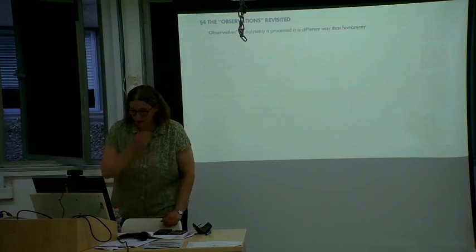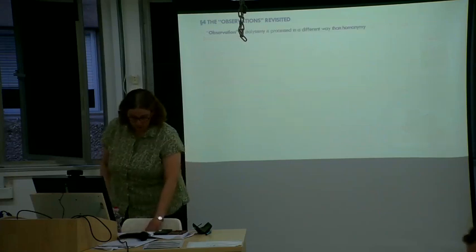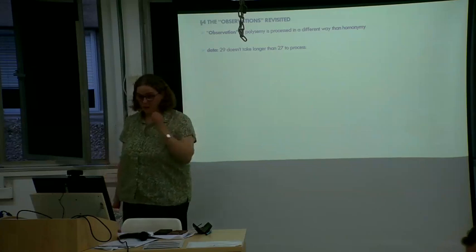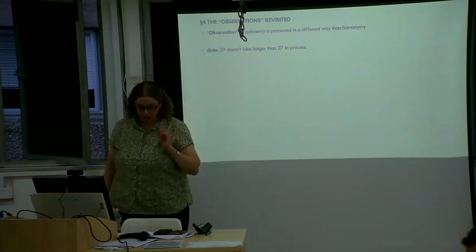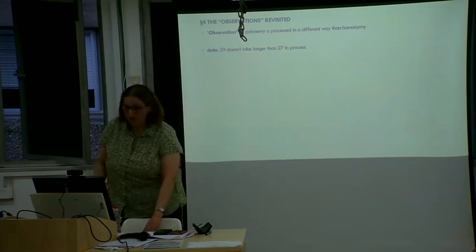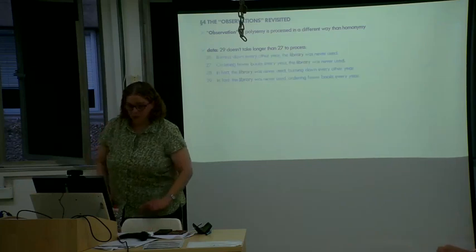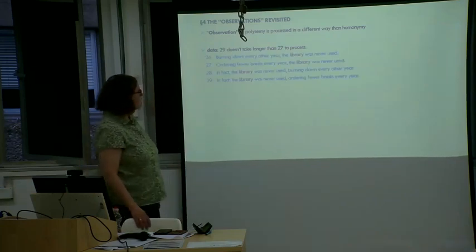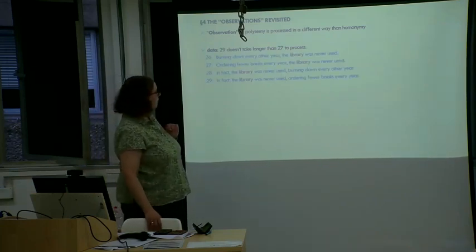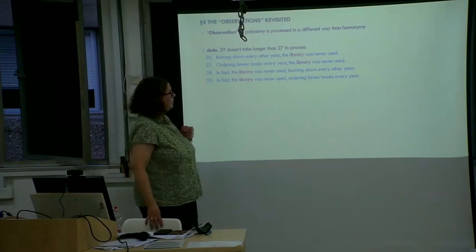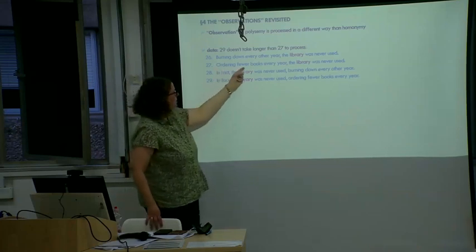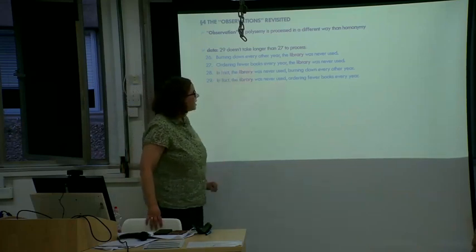Okay, finally, let's very briefly look at the third observation. So again, this was the observation from the psychological processing. Let's see exactly what the experiment showed. What the experiment showed was that in the case of library, it didn't matter for the reading times whether we put this clause earlier or later.